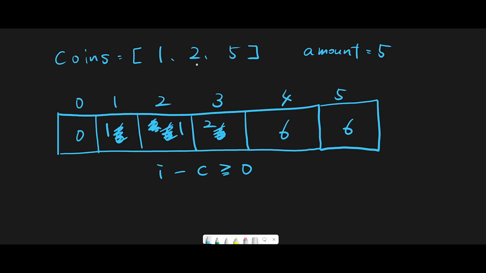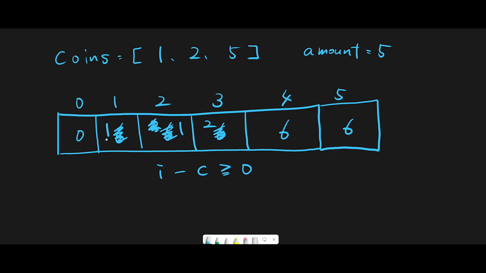And then move next. So we use coin 2. The current amount 3 minus the current value of coin 2 is 1, right? So we meet this condition and we can update the array. The current minimum is 2. And we use coin 2 this time, so what amount do we need? 1, right? Amount 3 minus the current value of coin 2, so we look at index 1. To make up amount 1, we use 1 coin.